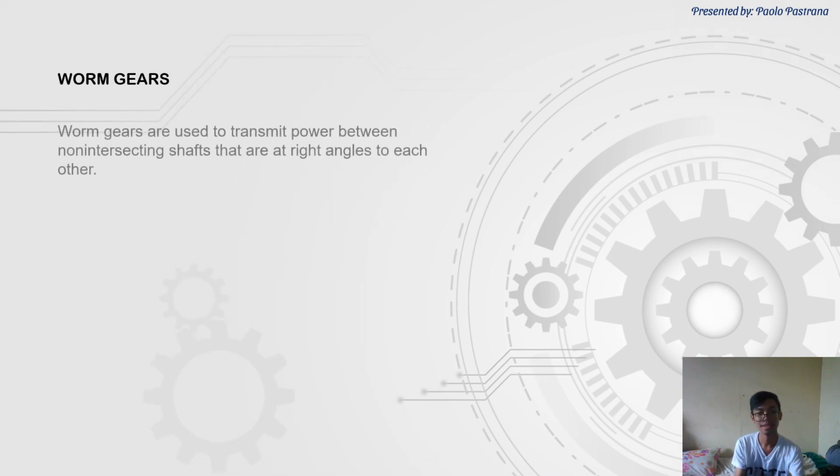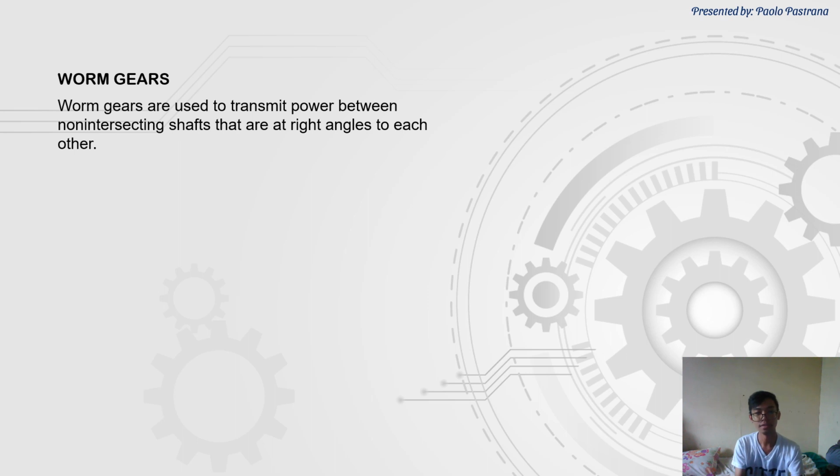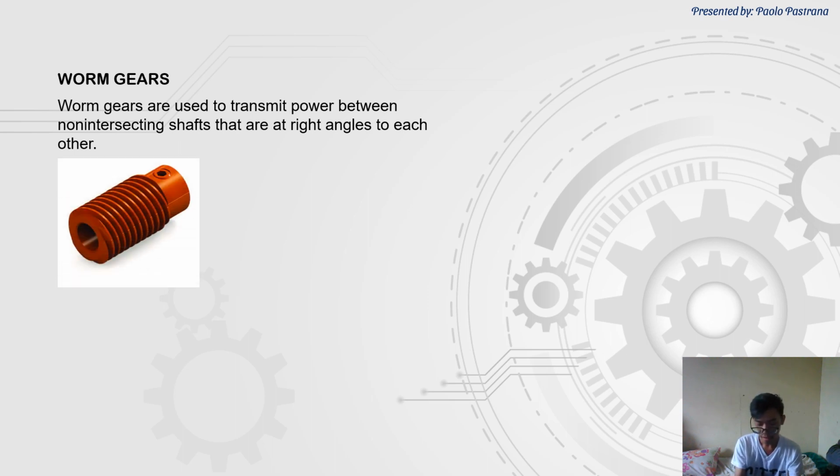Worm gears. Worm gears are used to transmit power between non-intersecting shafts that are at right angles to each other. A worm is a screw with a thread shaped like a rack tooth.